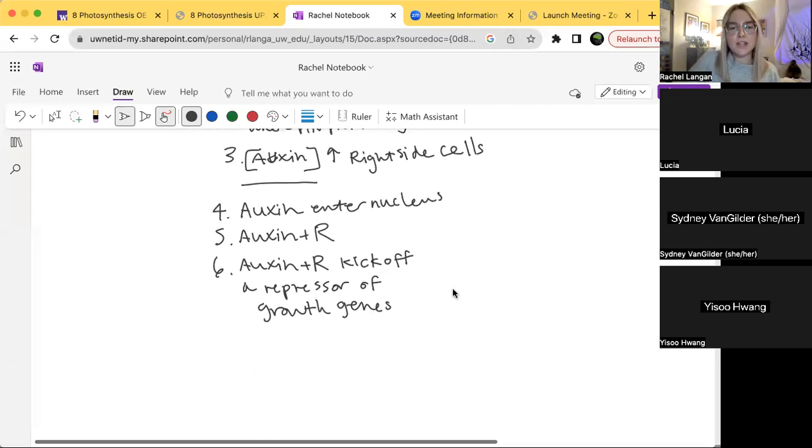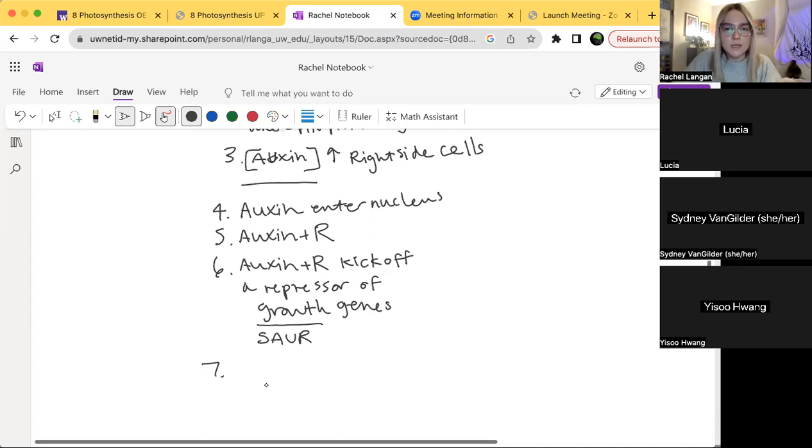So kind of the same thing as JA, except the repressor isn't JAZ and the genes aren't defense genes. And so one of those growth genes is SAUR.